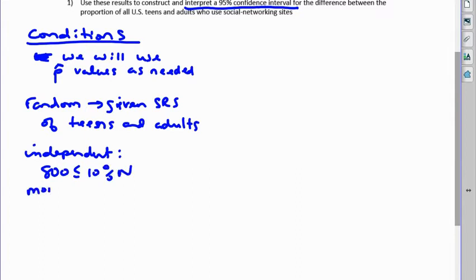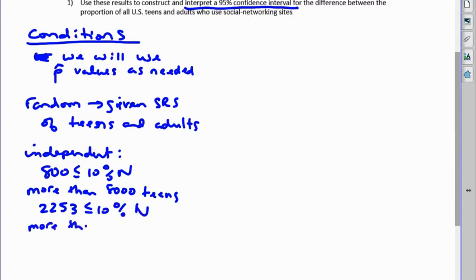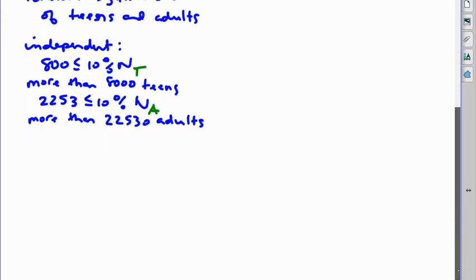There are more than 8,000 teens. And for the adults, 2253 less than or equal to 10% of N, and there are more than 22,530 adults, so that works. You may want to add a T subscript for teen here, and an A subscript for adult here, just to distinguish those Ns from each other.